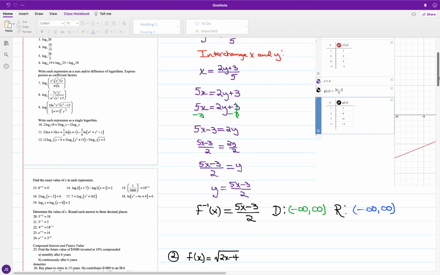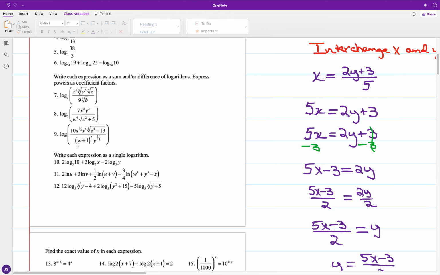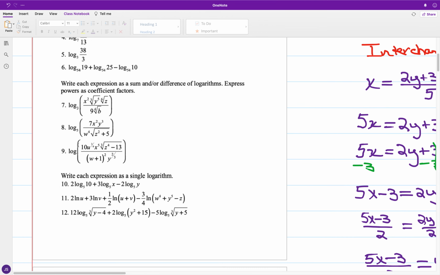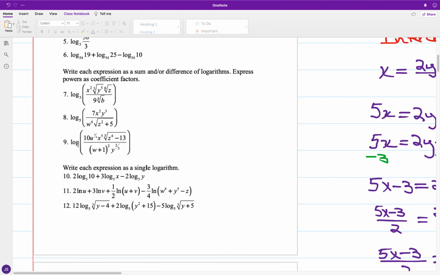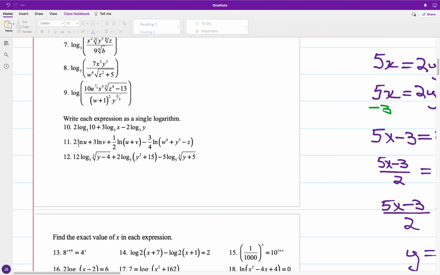If we write the expression as a single logarithm, we'll go with numbers 10 and 11. So you have 2 times the base 5 logarithm of 10 plus 3 times the base 5 logarithm of x minus 2 times the base 5 logarithm of y.